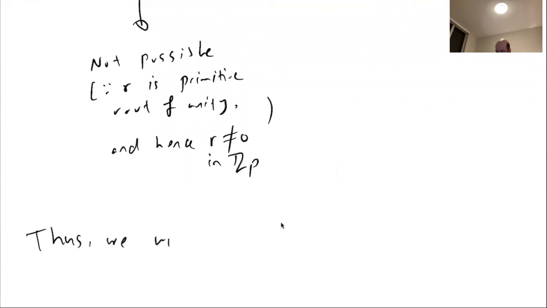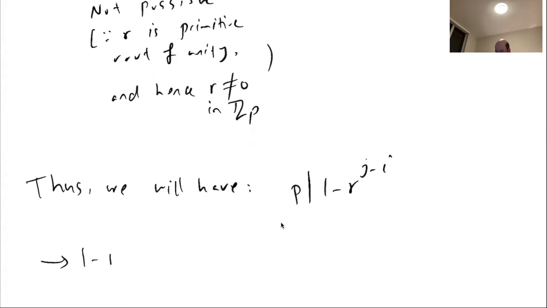Thus, we will have p divides 1 minus r to power j minus i, which means 1 minus r to power j minus i equals 0 in Z_p. Remember again, in Z_p, any multiple of p is 0.